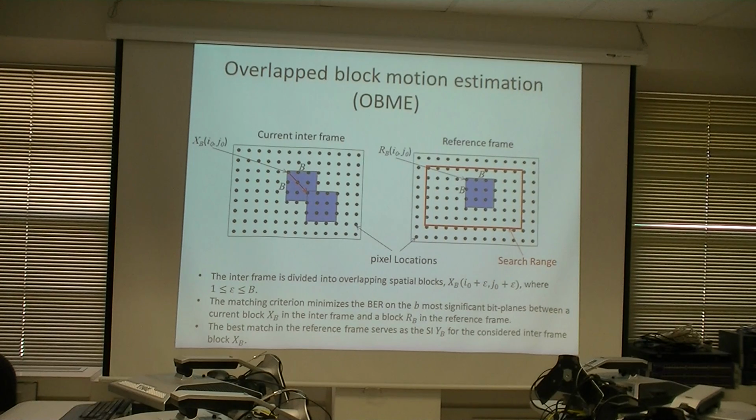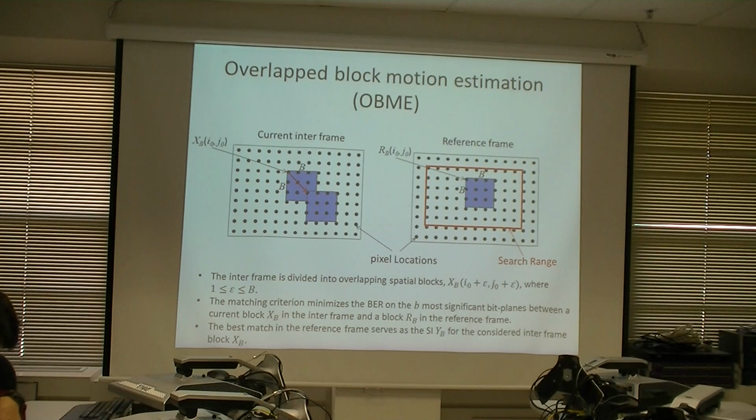And if you consider this one, you can find this block. Okay, you mean we always have this epsilon and this epsilon the same. No, epsilon is some number between 1 and b.